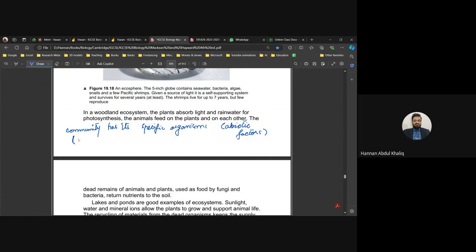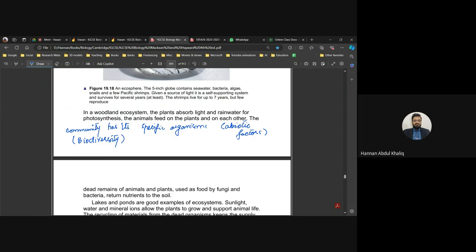Community can also be referred to as biodiversity, like the number of species in a particular area. So the community has its own specific organisms depending upon the abiotic factors.